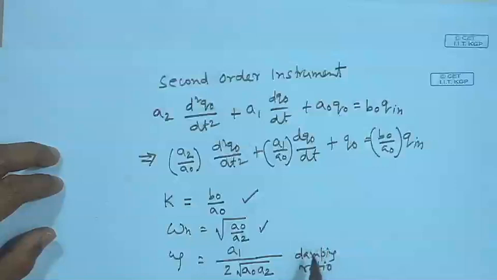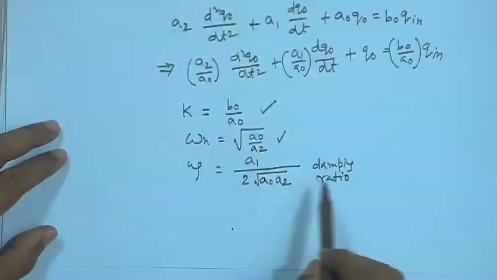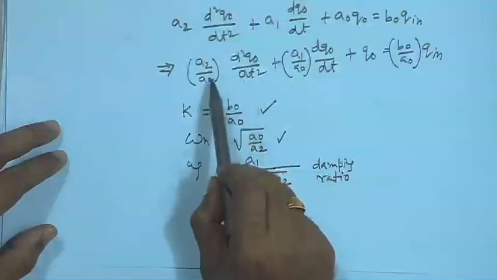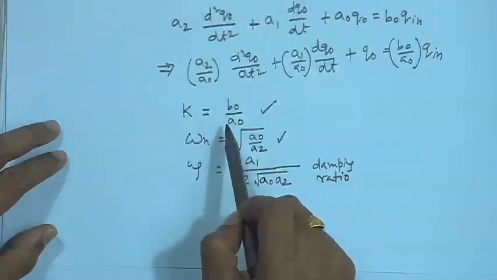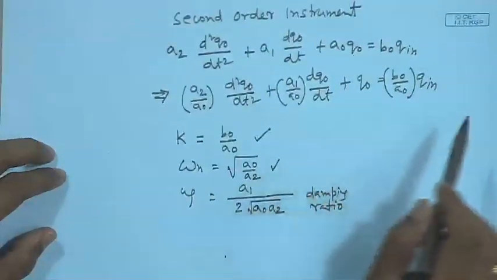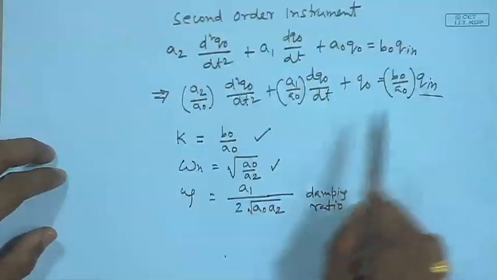So, these are three parameters which will, if we know, then a second order instrument can be solved for any given input.